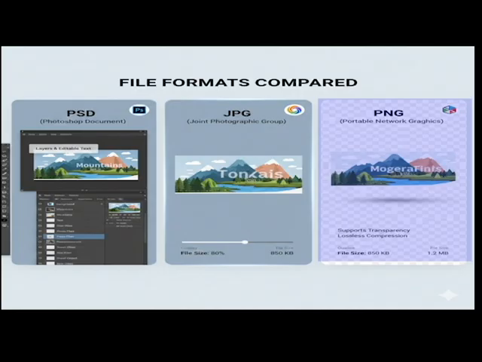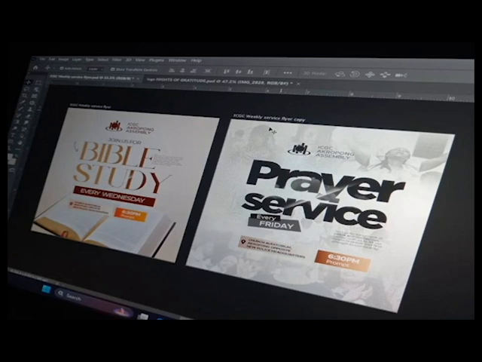This is best for graphics on the web, especially when you need a transparent background, like a logo. So that is very important. After you're done with that, you must also know how to manage your file and save. Now, all those are file extensions that you may attach to your project.